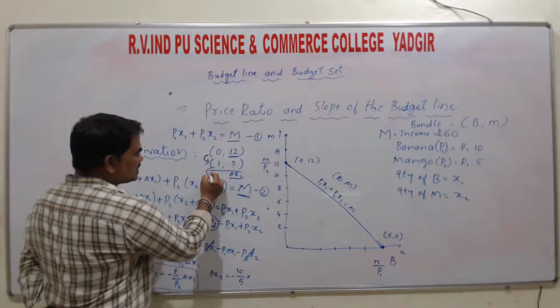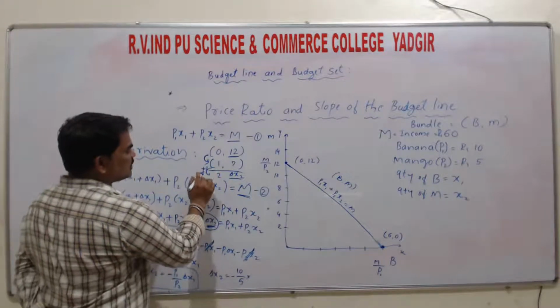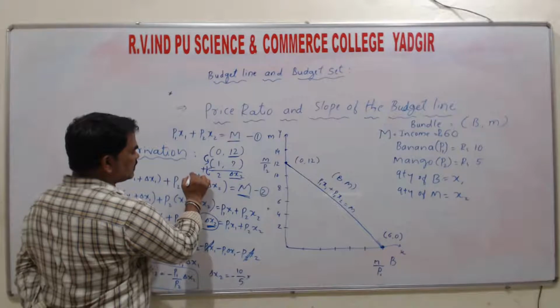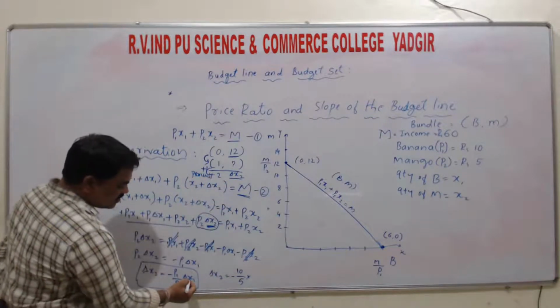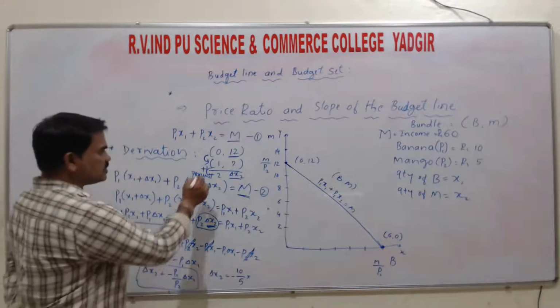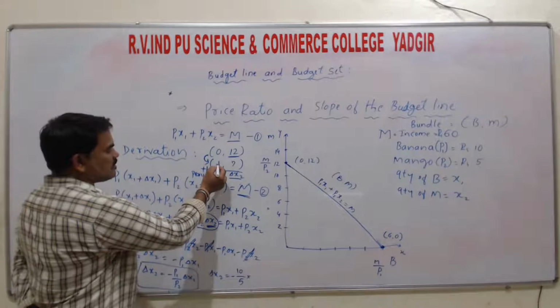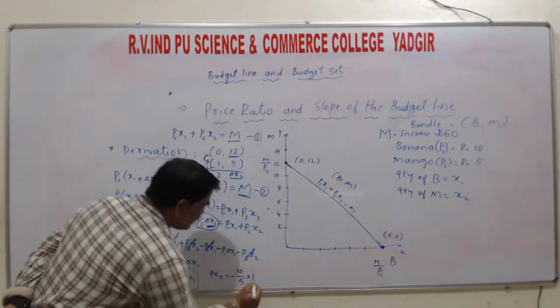If it changes again from 1 to 2, the change is 1 again. That's why I said this is always per unit change. So this change in the quantity always remains the same, 1. From 0 to 1 it is 1, from 1 to 2 the change is 1 only. So I'll take that as 1.